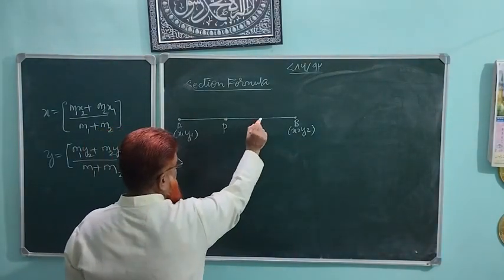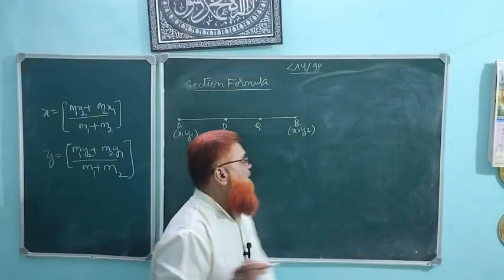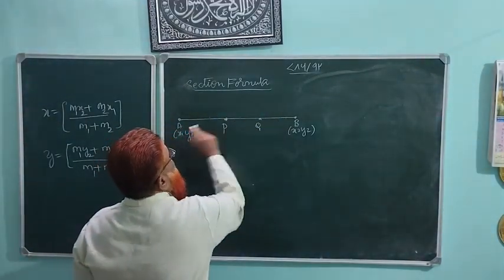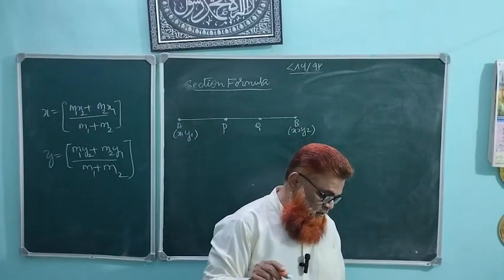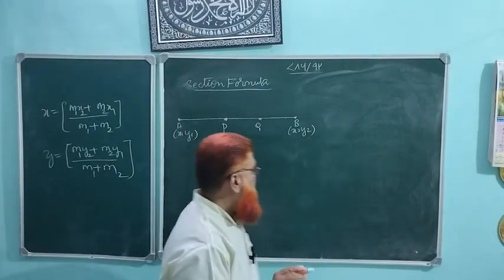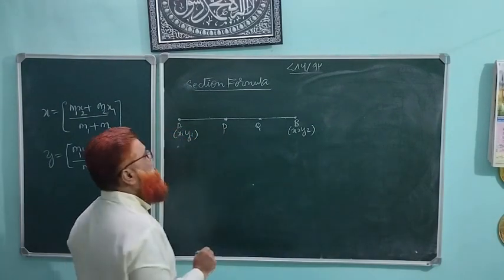AP one section, PQ another section, and QB is a third section. 1, 2, 3. This is the trisection. Now we have to find the coordinates of the point P and the coordinates of the point Q.